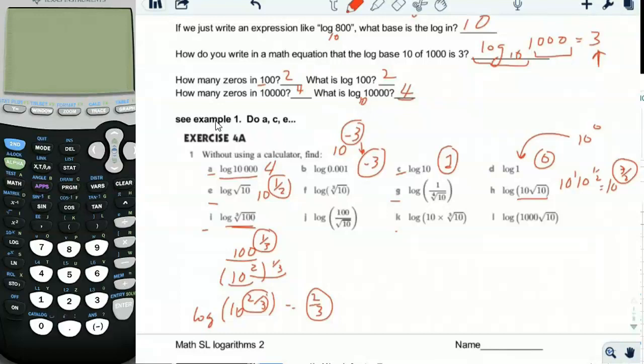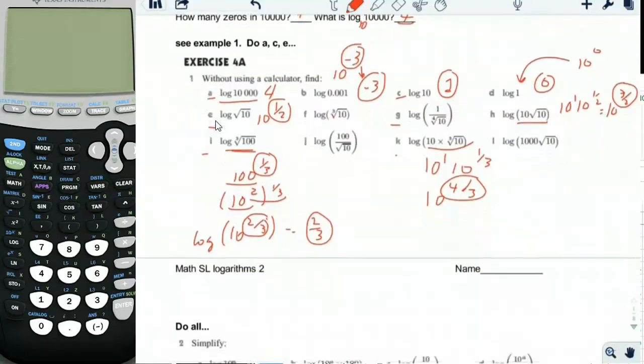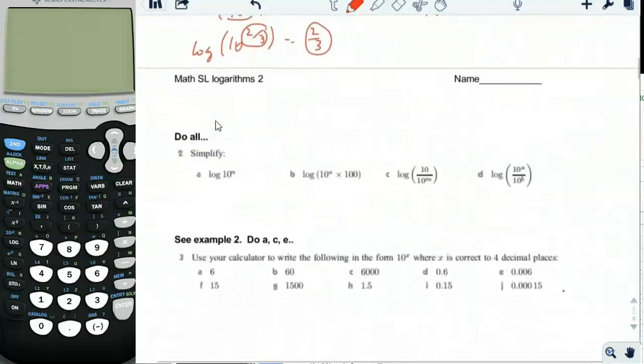The log of 10 times 10 to the 1/3, and since these are the same base, you can add those exponents, is 4/3. Okay. So if you can write the expression inside the log as an exponent of 10, then all you need to do is take the exponent, and that is the answer to the log. Basically, it's saying what is the exponent if you express it as a power of 10.